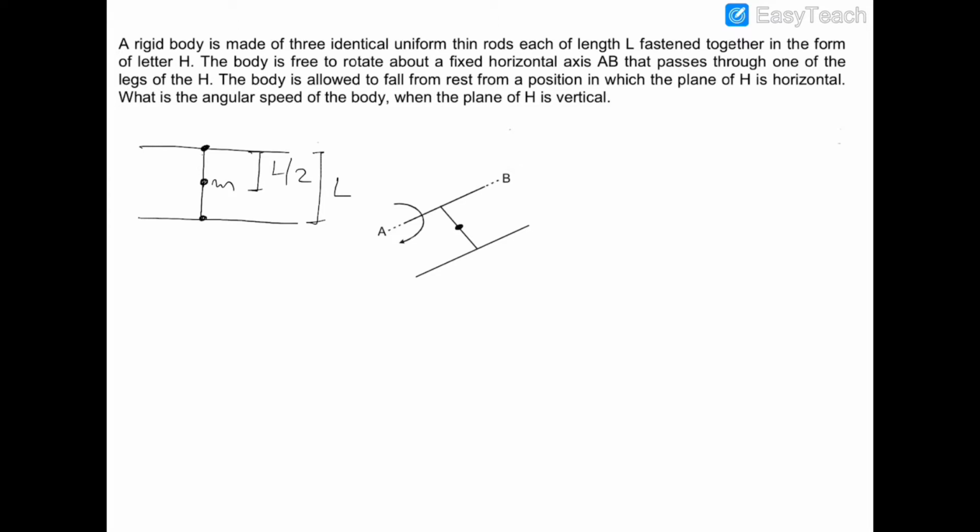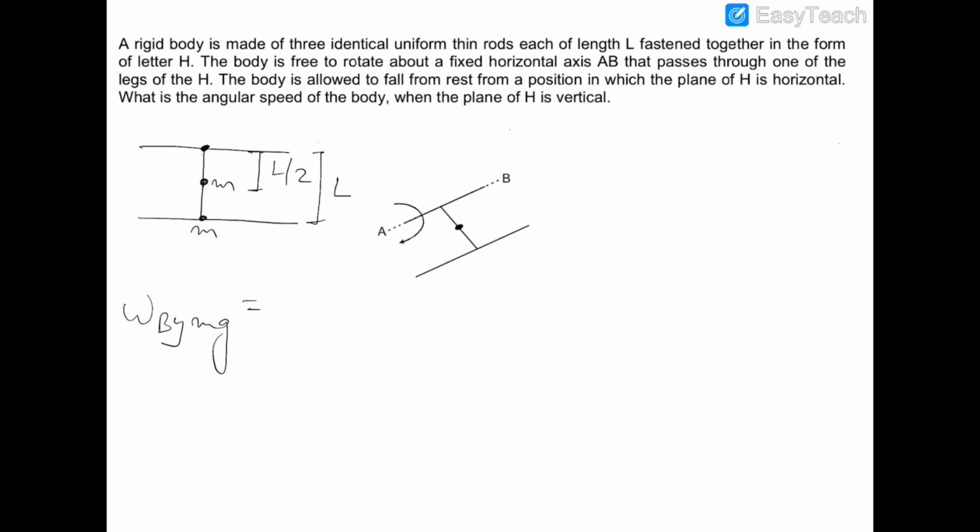In fact, the complete system is rotating about an axis which is passing through this rod. So the work done by mg on the complete system is the work done by mg on these two rods, this one and this one.